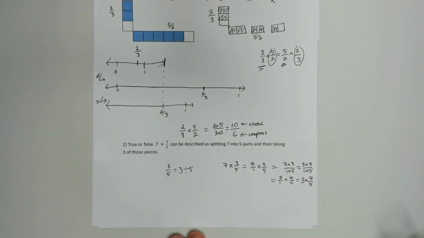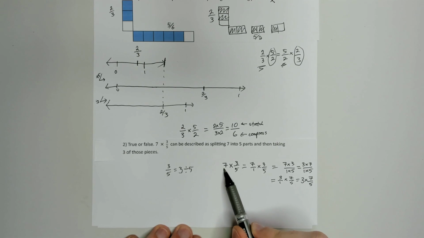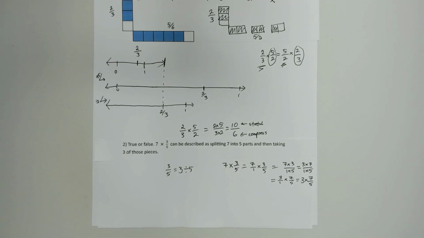So see, I essentially just exchanged the position of the 7 and the 3, because ultimately they're going to be multiplying anyway, so I'm just changing the order that we're multiplying them, which doesn't affect the result.